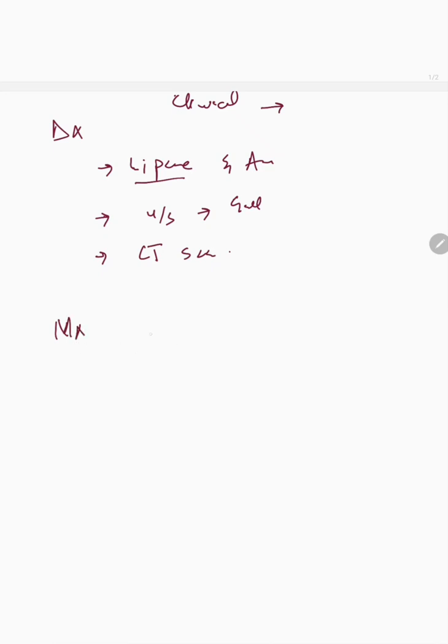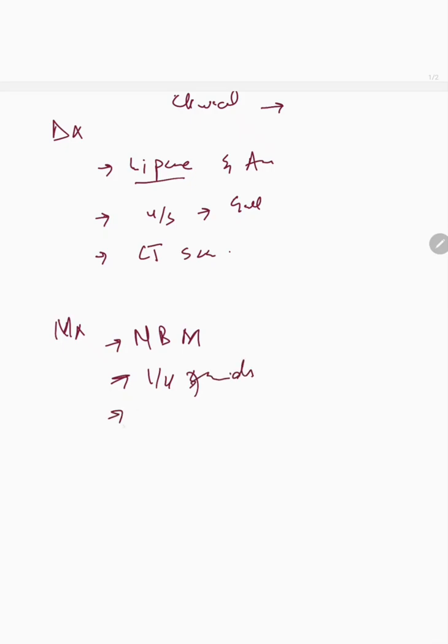So then we have to come down to the management. The management is really conservative. It's just nil by mouth. The patient should not eat anything by mouth for up to 72 hours, and IV fluids should be given to the patient.